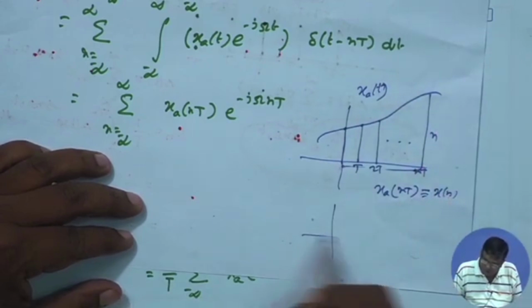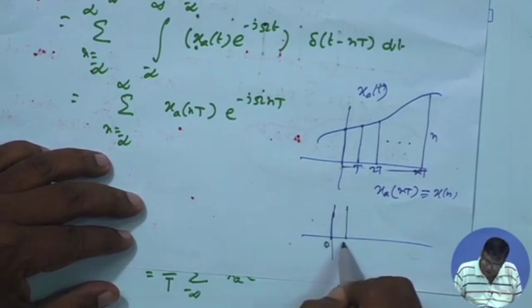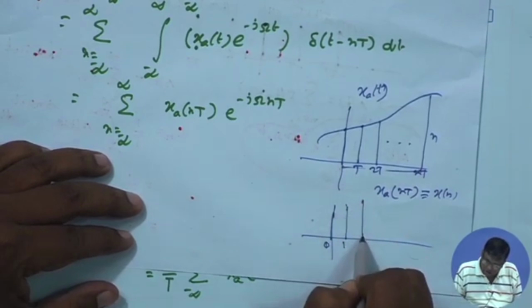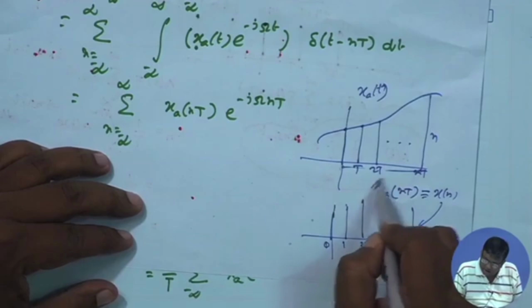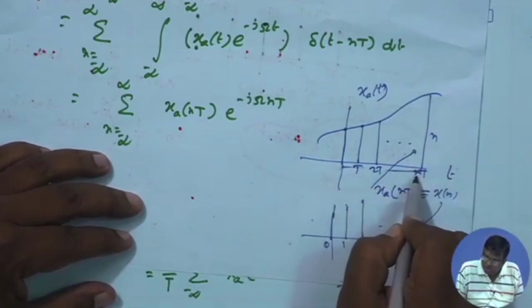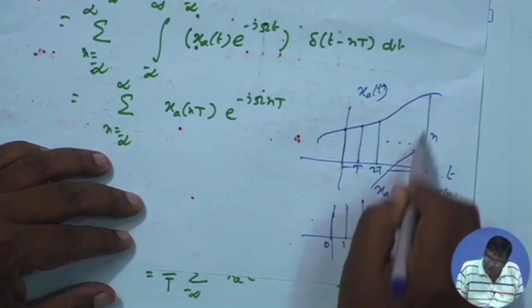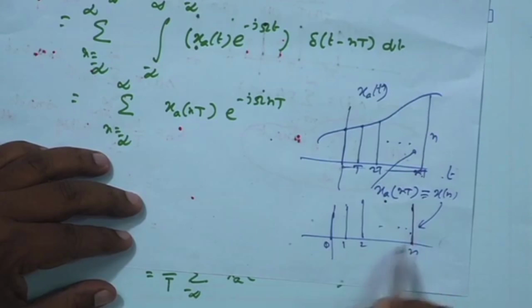When I draw a sequence of them, this is the same fellow: x[0], 1, 2, dot dot dot, n. So this x[n] is here and x_a(nT) is here, but they are the same. At n into capital T point in time, whatever the value is, that I rewrite here as a function of index n only, the nth sample.